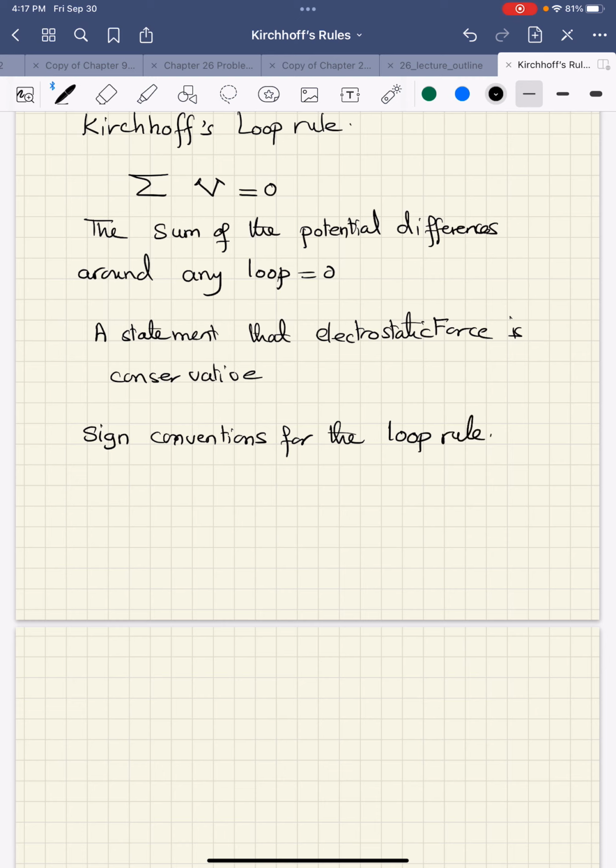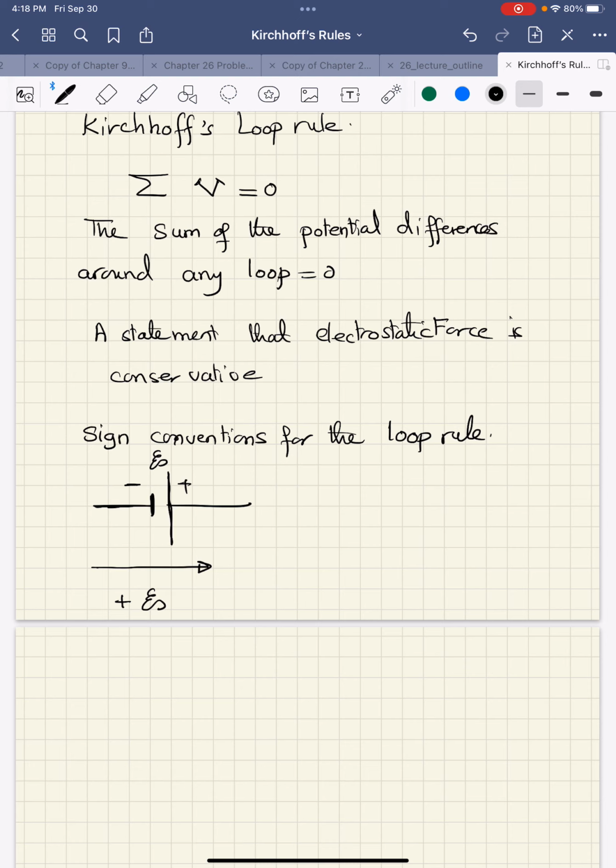When we travel through the circuit, if we travel through the EMF from negative to positive, this is considered a positive EMF.